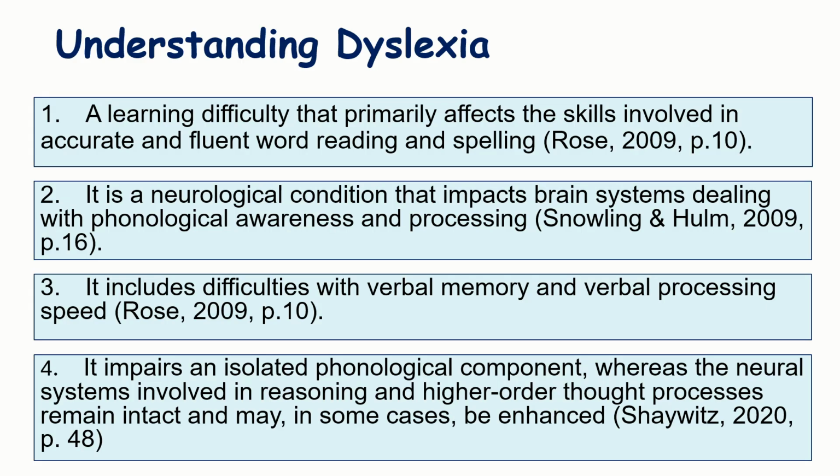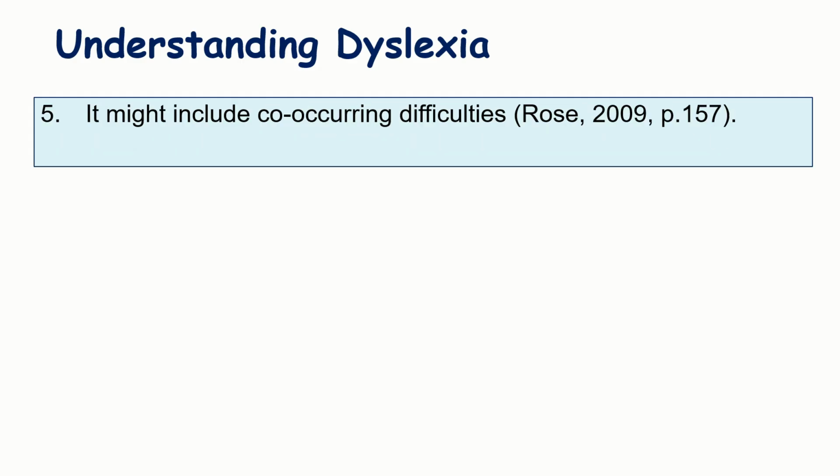She suggests that the neural systems involved in higher order thinking and reasoning remain intact and in some cases may be even enhanced. Rose mentions co-occurring difficulties, including motor coordination, mental calculation, concentration, and personal organization, but they are not, by themselves, markers of dyslexia.